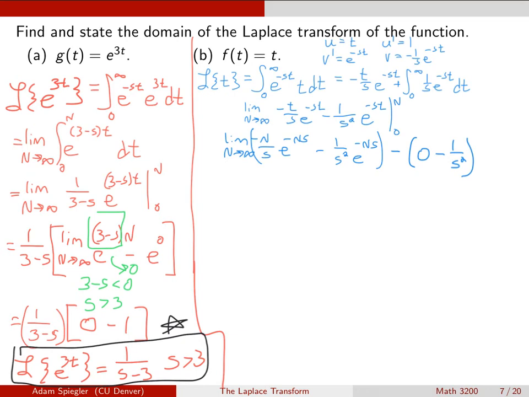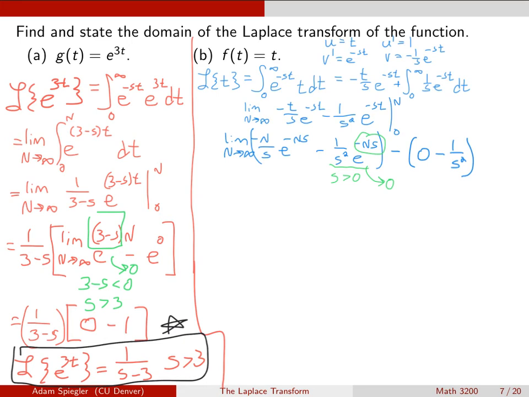And what we want to do is make sense out of this limit. And we want to figure out for what values of s this limit is going to converge. One of these we've seen in pretty much all of the previous examples, and that is as long as s is positive, then that piece is going to go to 0 because this power up here is going to become a large negative number.